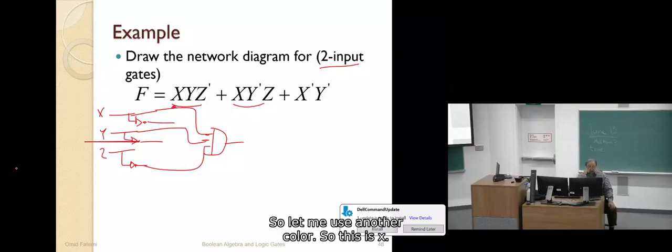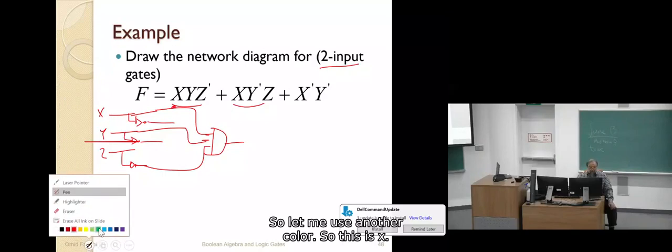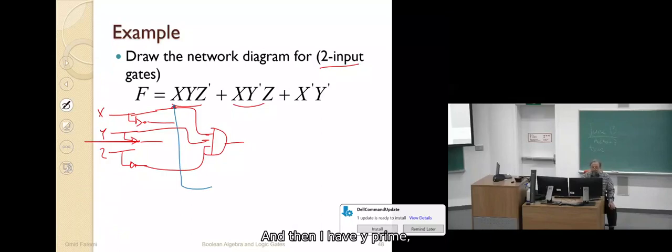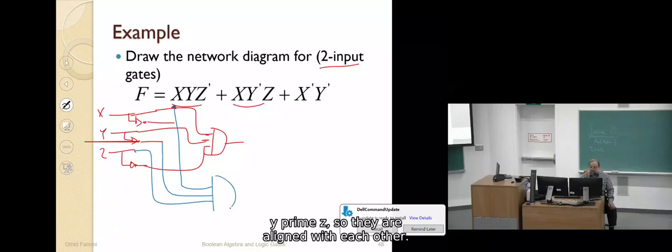So let me use another color. So this is x, and then I have y prime, this is y prime, and we have z, this is z. Or I can use this one. X, y prime, z. So they are ANDed with each other.